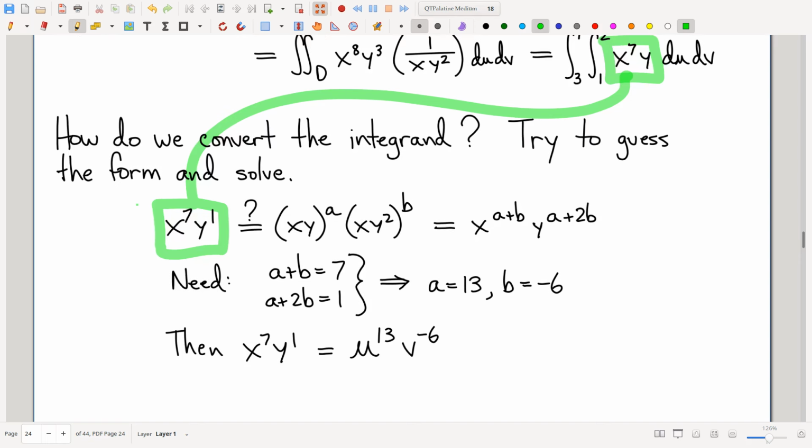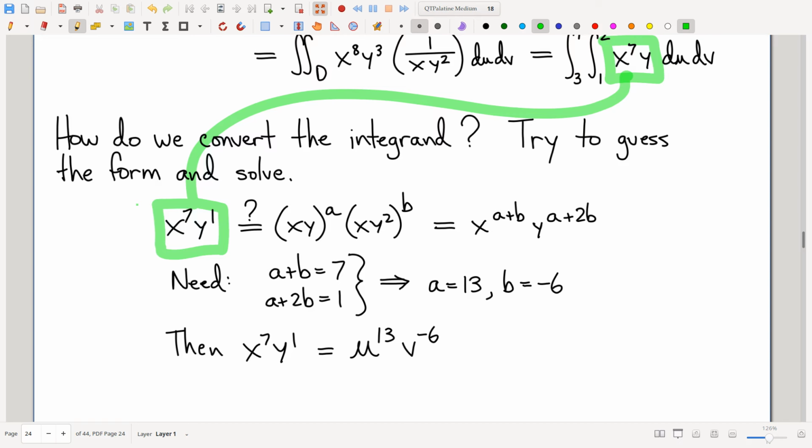And now we got to play a game where we speculate how I might possibly write this in terms of u and v. And I'm going to reason as follows. Now, this is peculiar to this example. This is not a general method. But in this particular example, I think, look, what I have is a product of powers of x and y. Okay?